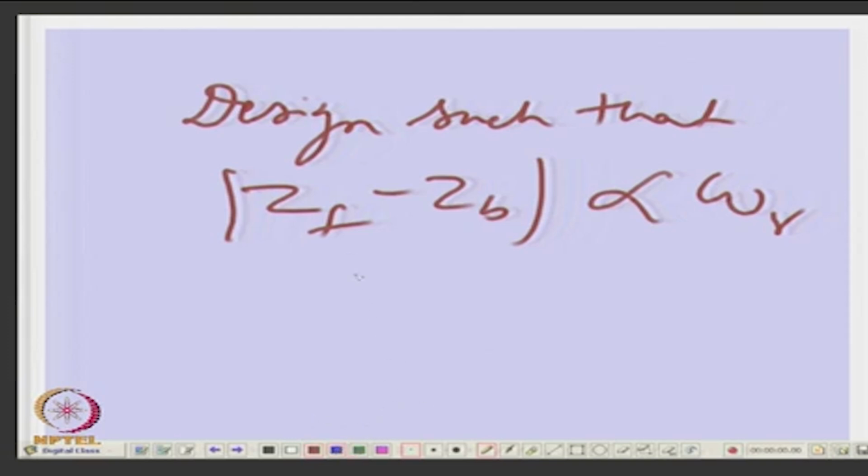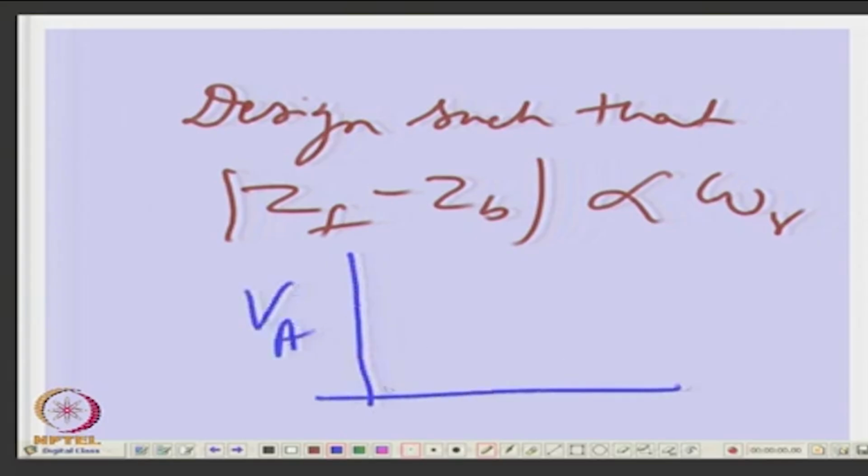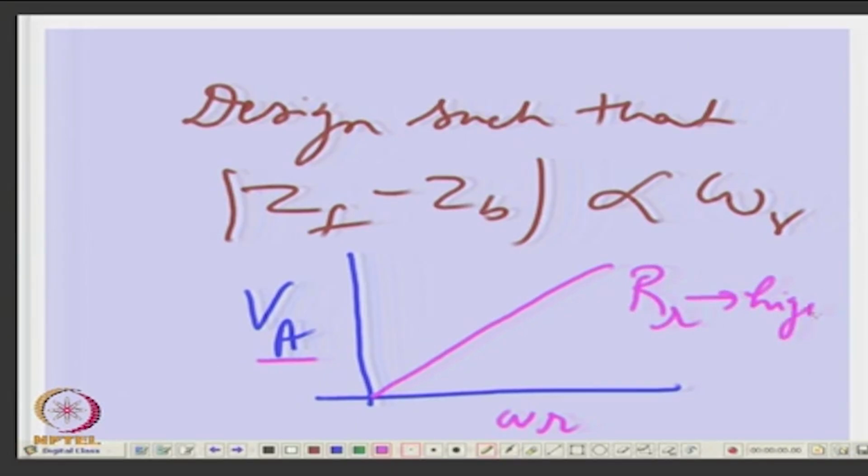Therefore, your idea is that the voltage across the auxiliary winding should have an ideal characteristic with omega r, isn't it? So this is achieved, and one of the conditions is also that R R must be high. I think you must prove this, the condition in which it holds.